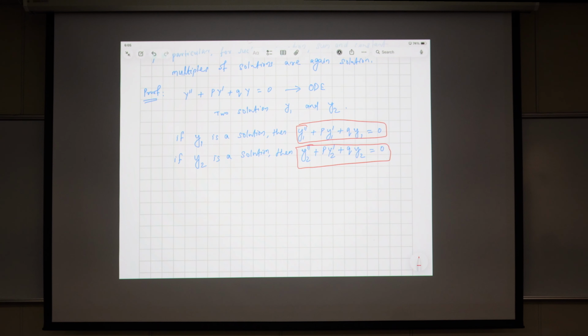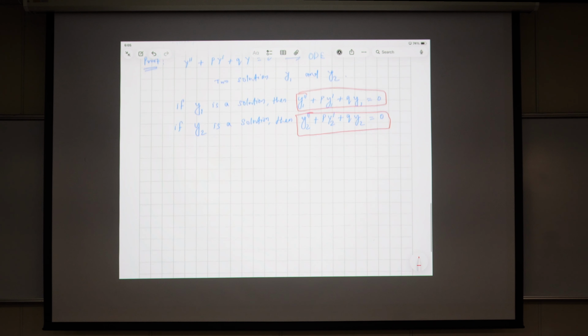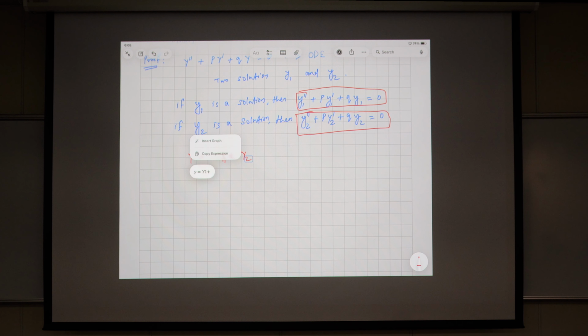Now since we have two solutions, I can have a solution y is equal to y1 plus y2. That is what the theorem is saying.